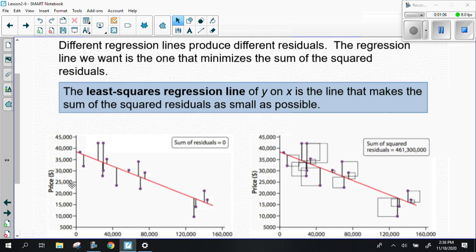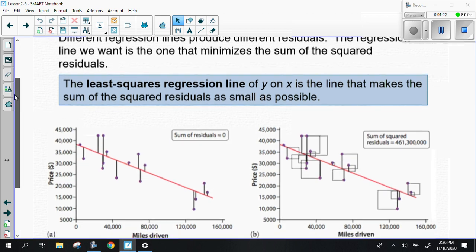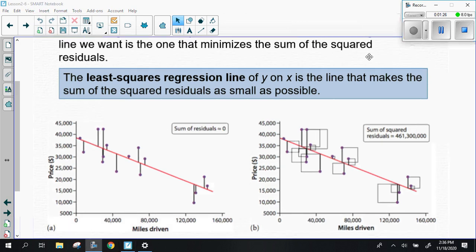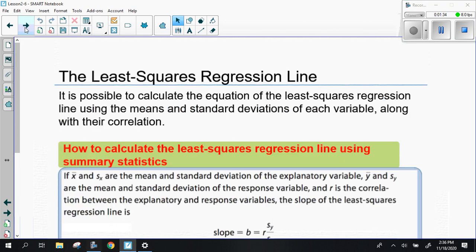We're trying to create a line that is as close to each point as possible. That's the point of looking at the squared residuals. It creates a line that fits the data best, especially when we're dealing with linear data.